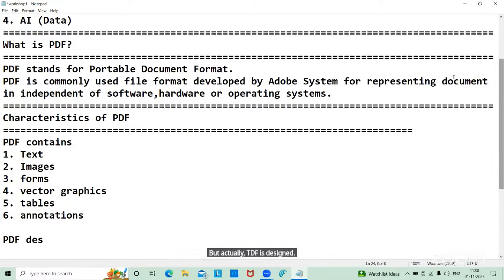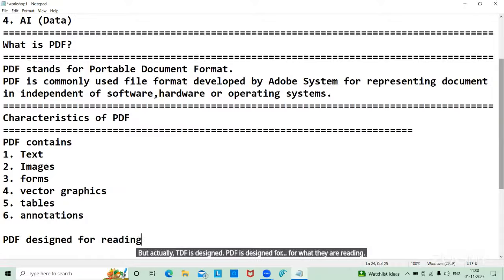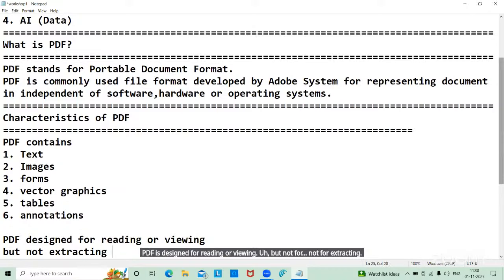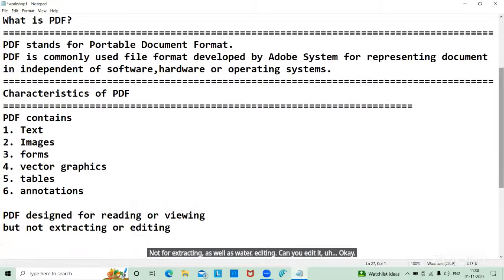But actually, PDF is designed for reading or viewing, but not for extracting and not for editing.